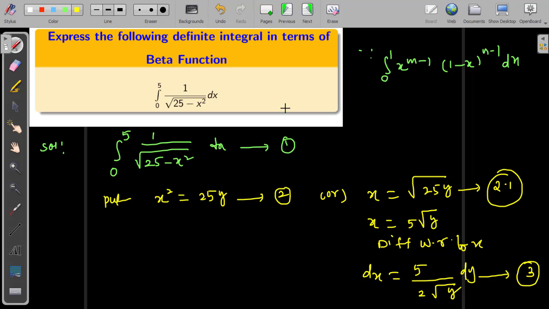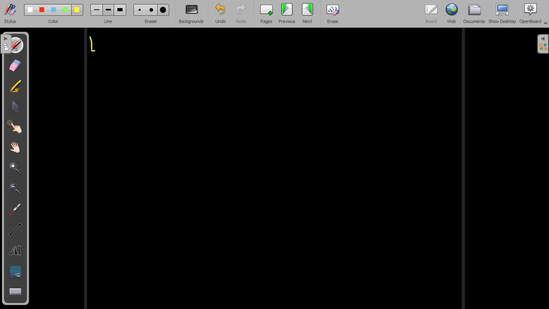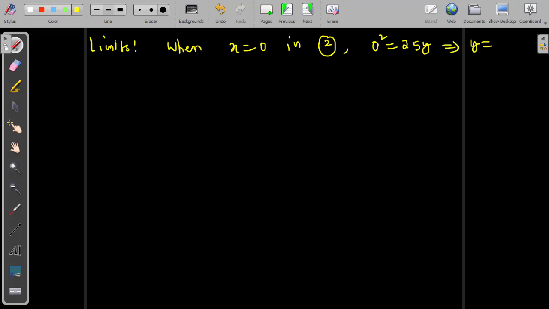Now the same pattern for limits. The limits for x here are 0 to 5. Substitute in equation number 2. When x equal to 0 in equation number 2, LHS is 0 square equal to 25 times y, so y equal to 0 square by 25, which is 0.